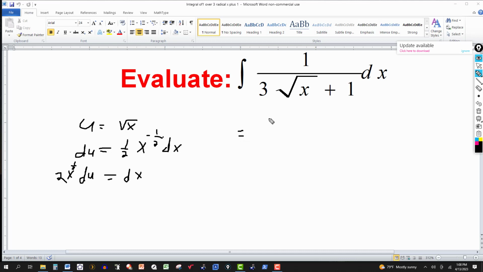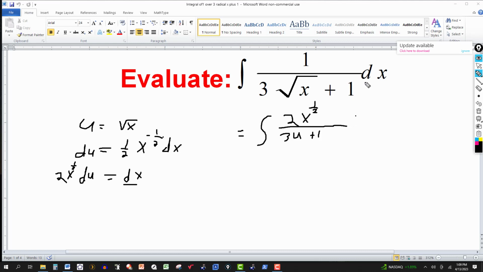So we want to transform this integral into one involving the variable u instead of x. So this will then be 1 over 3, then radical x is the u, put a u here, plus 1. The dx is replaced by 2x to the 1/2. I put that 2 out in front here. Move this 1 here. And this is x to the 1/2 here, or the square root of x.